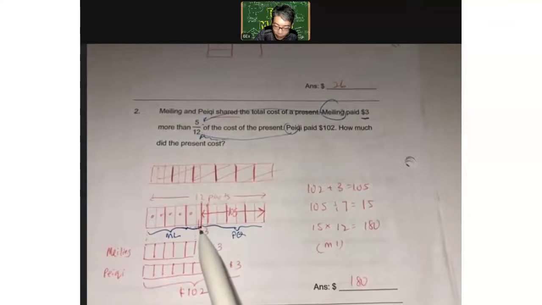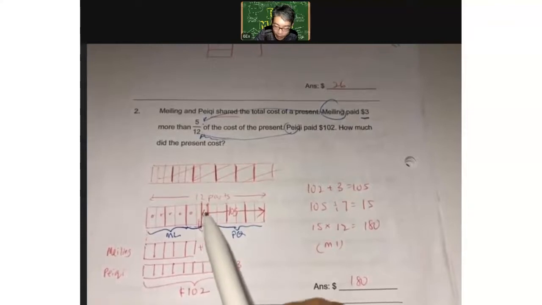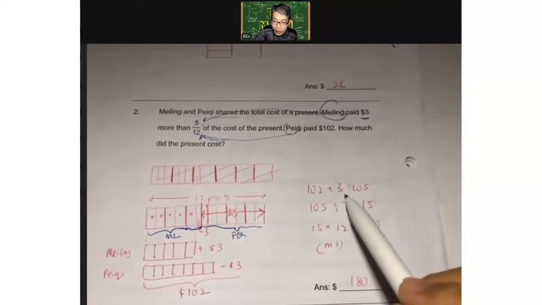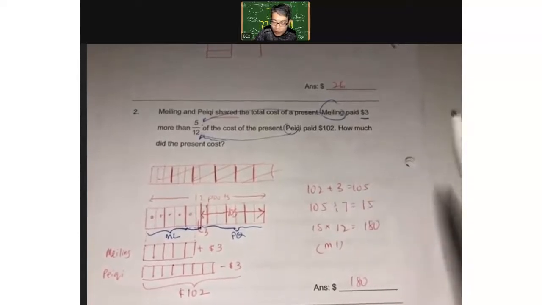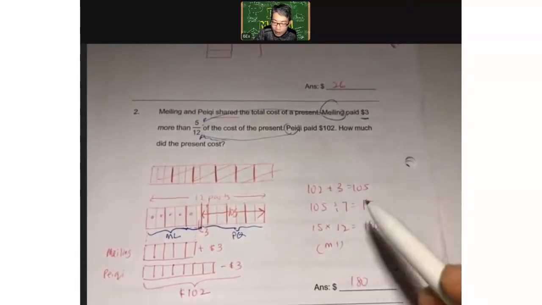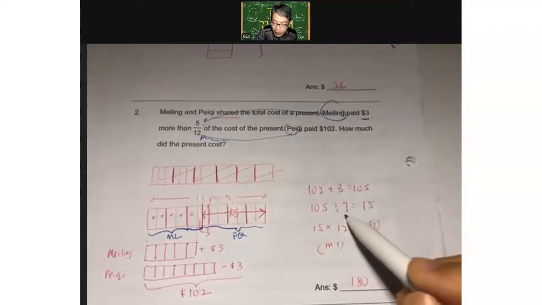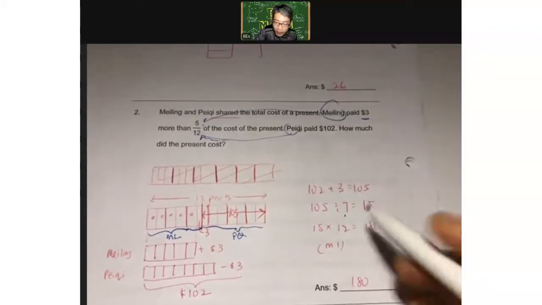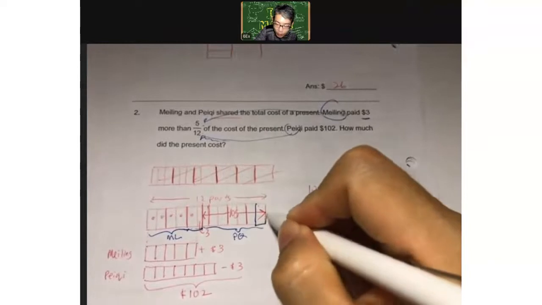If you add $3 to whatever she paid, then Pei Qi will have paid 7 equal parts, 1, 2, 3, 4, 5, 6, 7. So I put down 102 plus 3, I get $105. Why do I do this? So I can get this equivalent to 7 parts. I can divide by 7 to get 15. 15 will be the value of 1 unit.